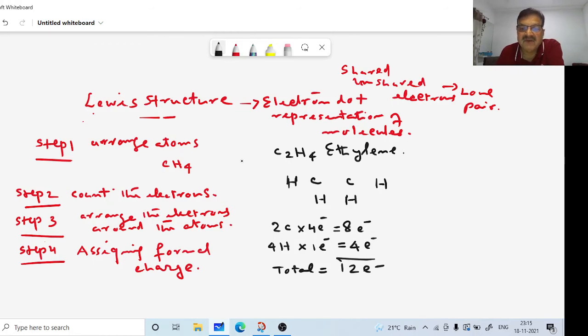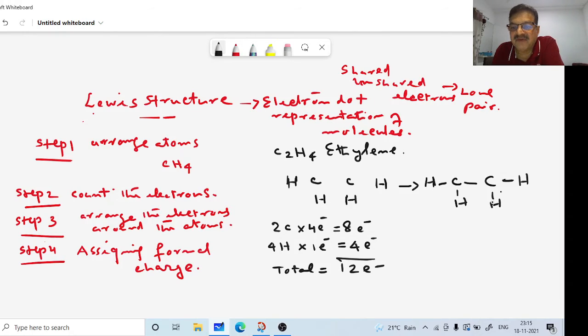How will you add these bonds and lone pairs? This will become like this. I will add the bonds like this. Then both the carbons do not have an octet, because this carbon has only 3 bonds, and this one also has only 3 bonds.